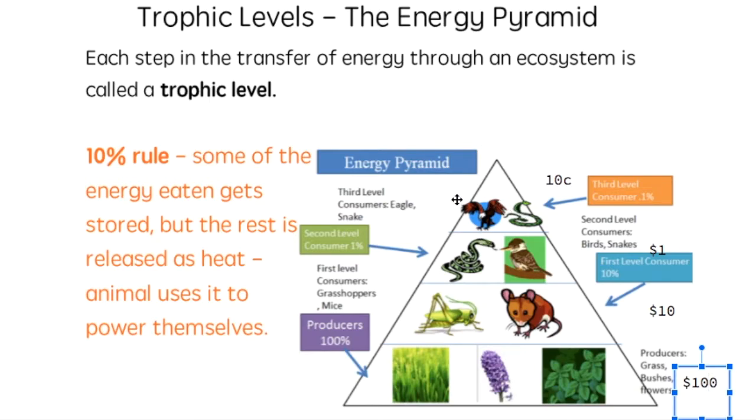So if you were to eat an eagle, for example, that would only be worth 10 cents of energy, because we used up 90% of this $100, we were left with $10. We used up 90% of the $10, we were left with $1. We used up 90% of that $1, that's 90 cents. We're only left with 10 cents. So that's why not many things eat from the top of this energy pyramid, because all these organisms use up the energy that they ate as heat and to power themselves and stay alive.